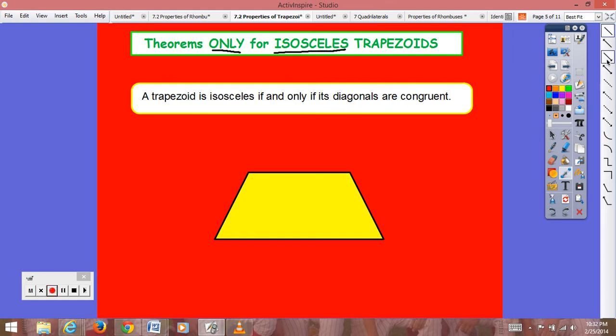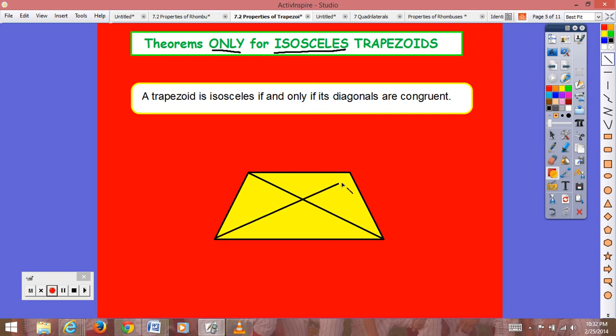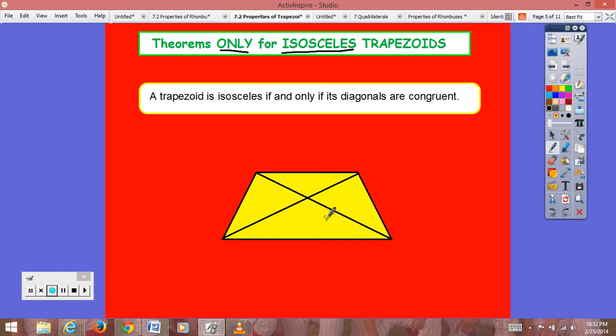So if we were to draw our diagonals, we can say that they are congruent. So you know that this diagonal is congruent to this diagonal. And then we can also say that our two legs are congruent because it is isosceles.